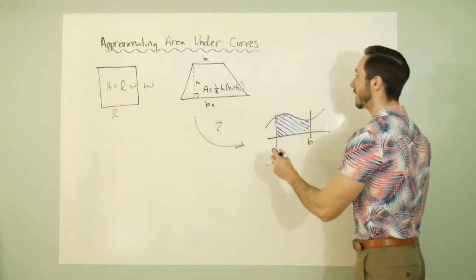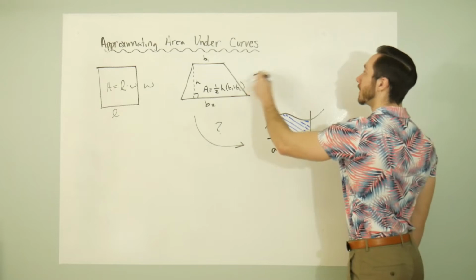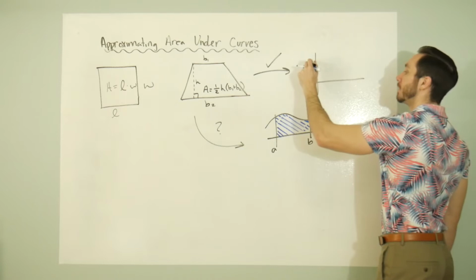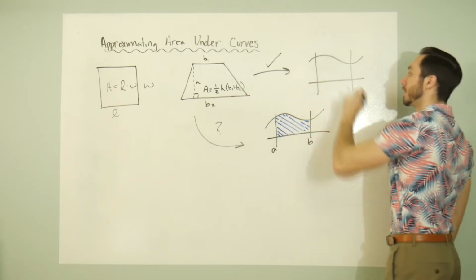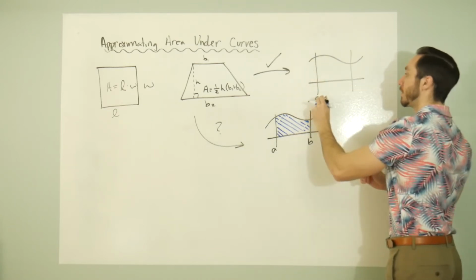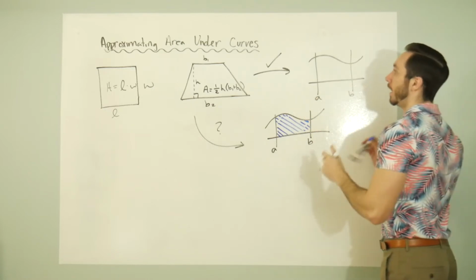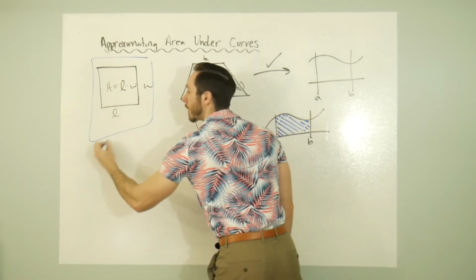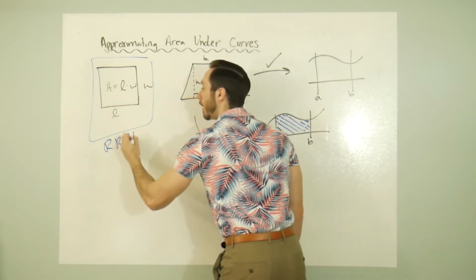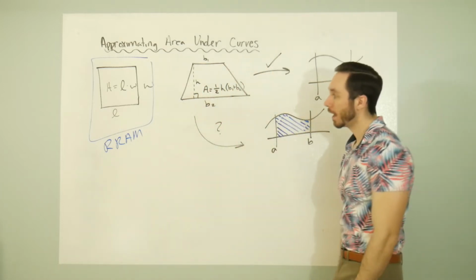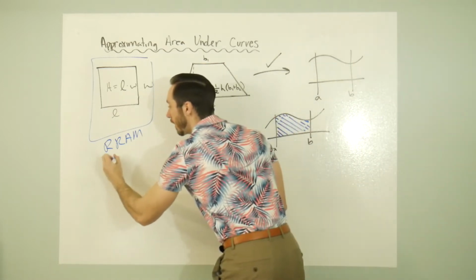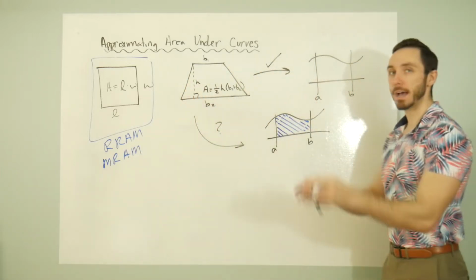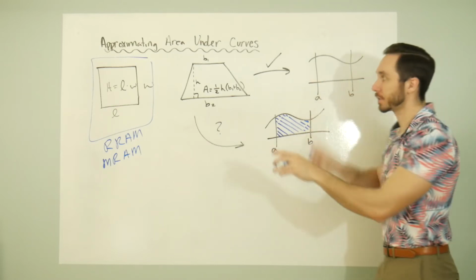So redrawing the same line, we'll do it over here. This is kind of the right way of thinking about it. Maybe we have a very similar curve in a very similar window, still from roughly A to B. Let's just say I take on what's eventually going to be RRAM, a right rectangular approximation method, or perhaps an MRAM, because you can draw these rectangles where the top of it meets the middle of this curve, and I'll draw this in a sec.